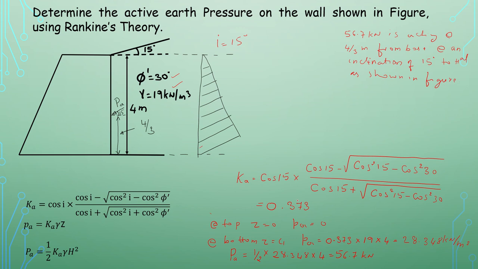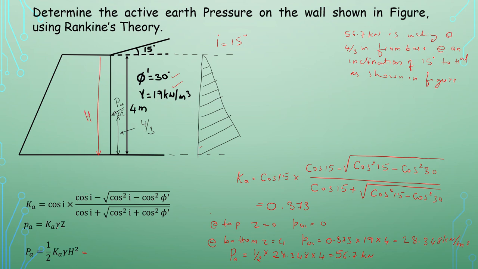Now here I calculated individually, or you can make use of this formula directly. Instead of substituting the value, I substituted h. So this height I have taken as h, and substitute half into base into height.